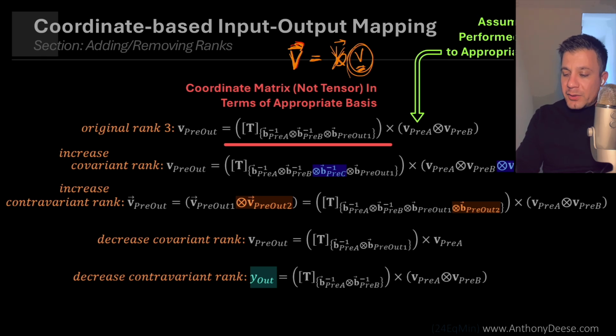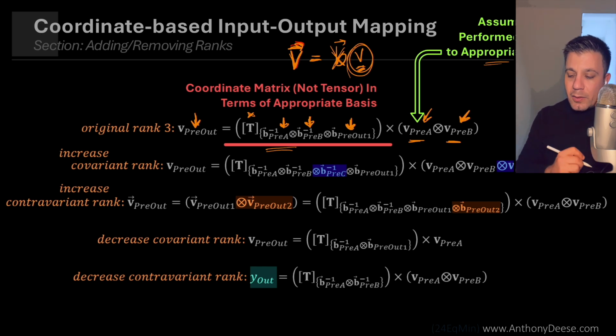So what we have, if we look at the base case, is 2 input coordinate arrays that are being multiplied, again with respect to the appropriate contracted ranks, by this coordinate matrix. That's why there's no arrowhead up here. And then the bases correspond to the inputs and outputs. So we have one inverted basis that's associated with the first input, another basis here that's associated with the second input, and then one output basis that's associated with this over here.